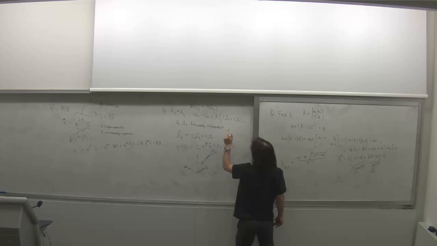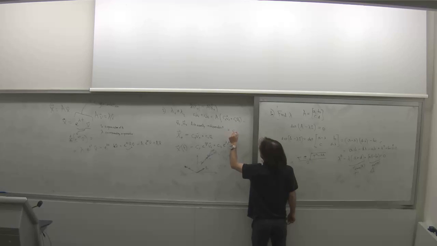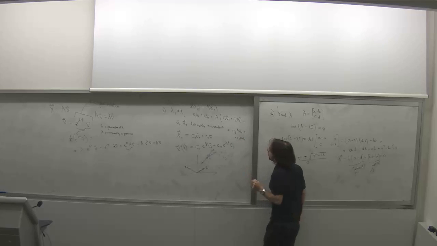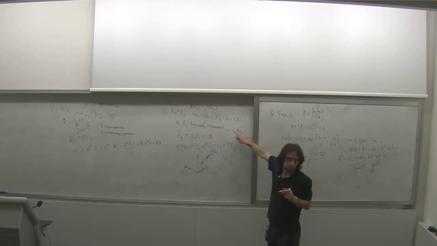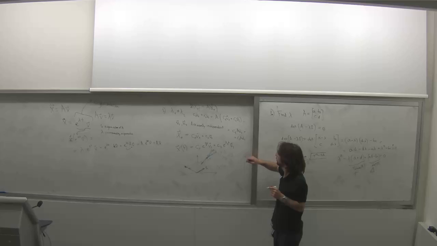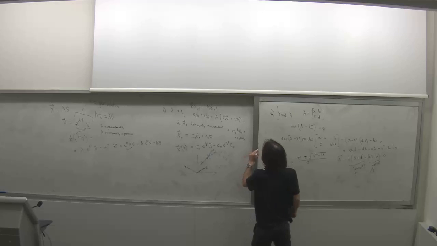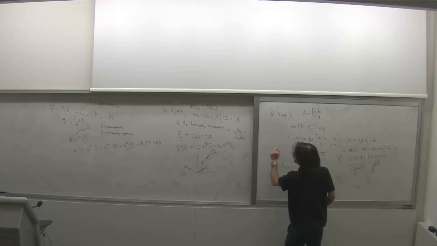And I can write this again as C1 A V1 plus C2 A V2. And I can change this to be C1 lambda V1, C2 lambda V2.